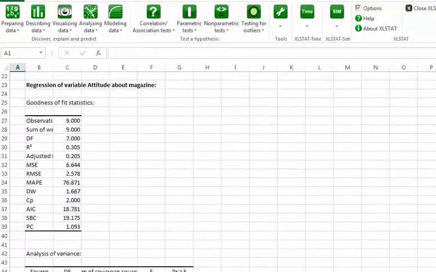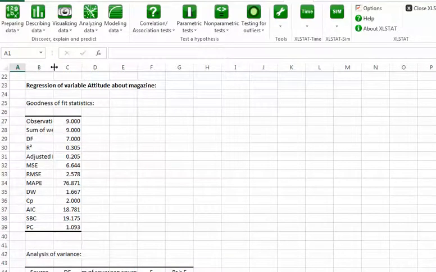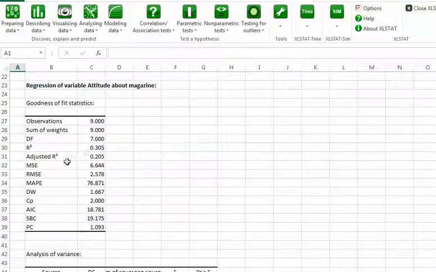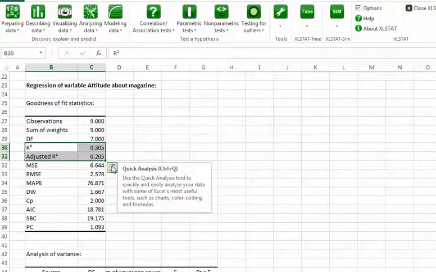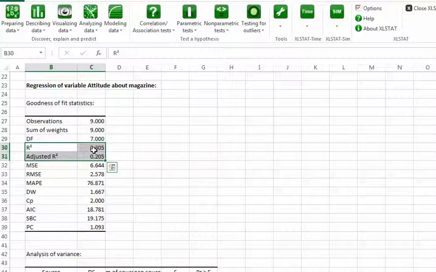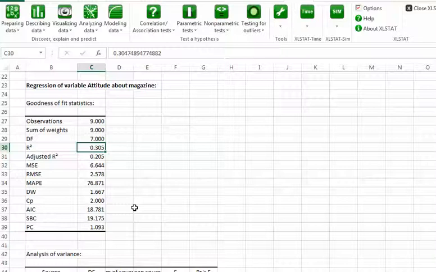Now here we get some important information about our goodness of fit. One of the ones we're most interested in are the R squared and the adjusted R squared. The R squared is the same coefficient of determination as we saw under correlation. So it's how much variance the independent variable is explaining in the dependent variable. So about 30%. Then we have this adjusted R squared. What is that?